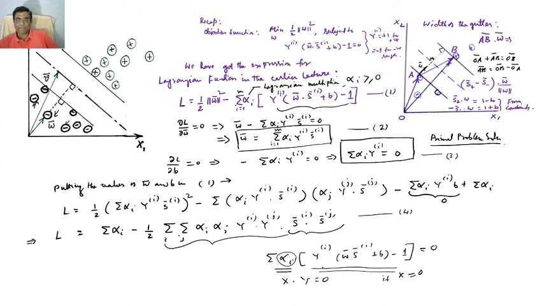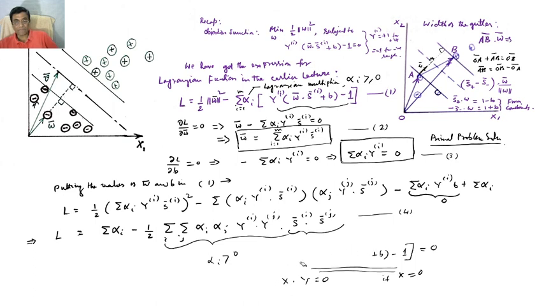And when the other term is 0, alpha will be greater than 0; we will have some value. So only the samples which are on the gutter will have a non-zero Lagrangian multiplier value. This is a very important observation on the primal problem.